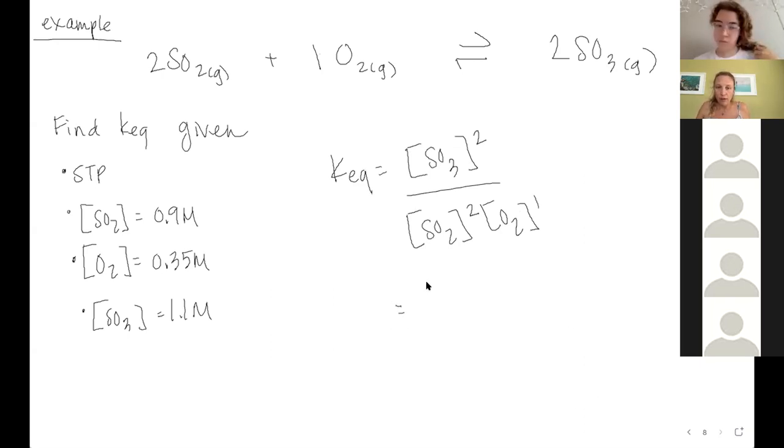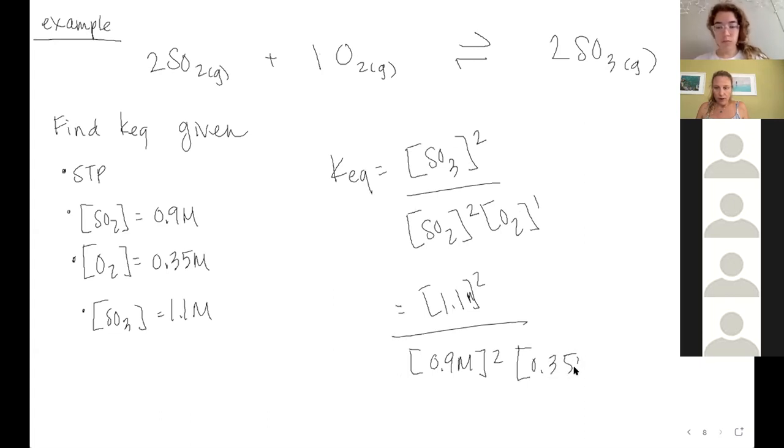When I plug in my values, I would get 1.1 molar squared divided by 0.9 molar squared times 0.35 molar to the first power. When you plug these in, you get about 4.27 as your KEQ at standard temperature and pressure.